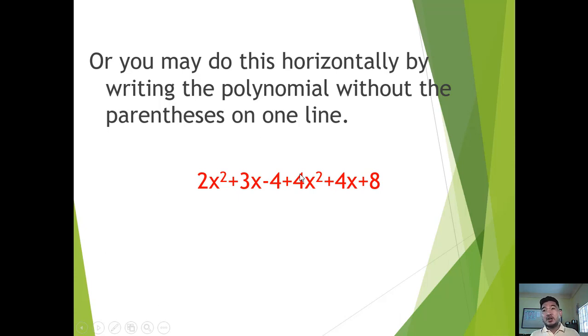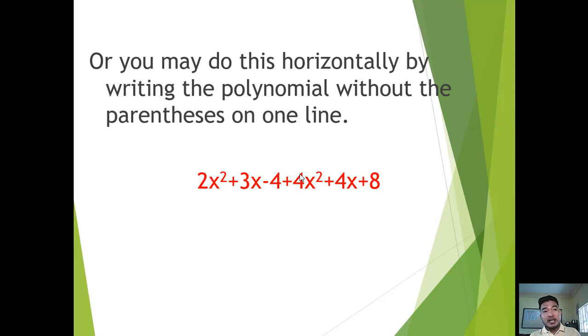Pagtabihin. And take note that our answer in the addition or in any operation involving polynomial must be expressed in general form. What do we mean by general form? Ibig sabihin, naka-arrange siya in descending order.